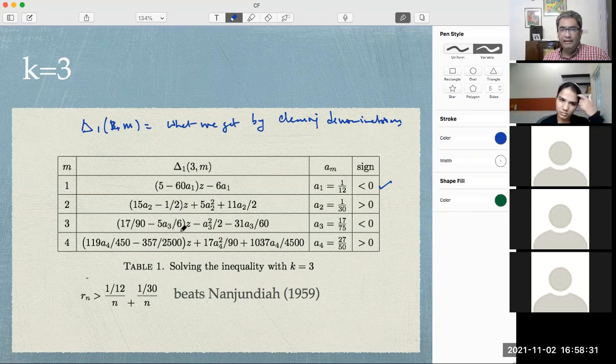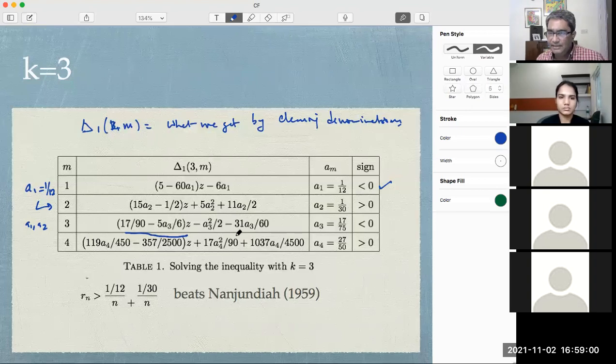Again, the thing we are noticing is that the leading guy, we've taken A1 equal to 1 by 12, and then we get A2. Then we take A1 and A2 values, and we get A3 and so on. You can see what's happening: just the leading guy has to be set to 0 and we get a value. And the rest, magically the sign comes out.